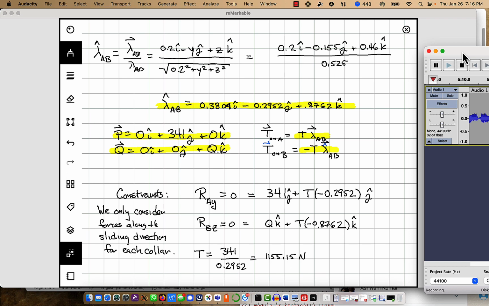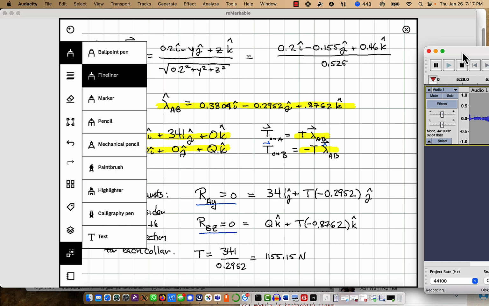Okay, so the constraint is really that this RAY is 0 and the RBZ is 0. So the Y force on A is 0 and the Z force on B is 0. So we can actually write that out. Let's get our little highlighter back again.